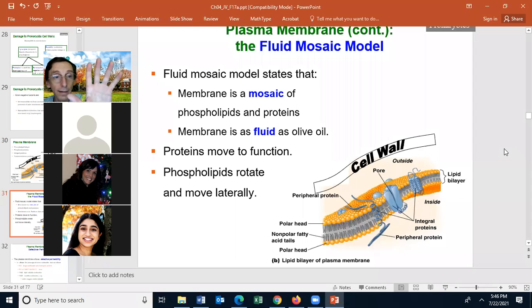If you look at my hand here, I'm an animal, so all I have are cells, and they're connected by cell membranes. So what you're looking at here is cell membranes. It always amazes me to think that my hand is held together by a membrane which is as fluid as olive oil. Any questions about any of that?